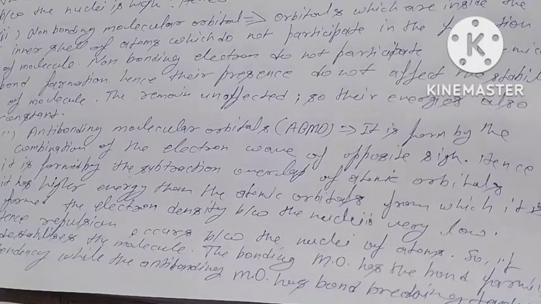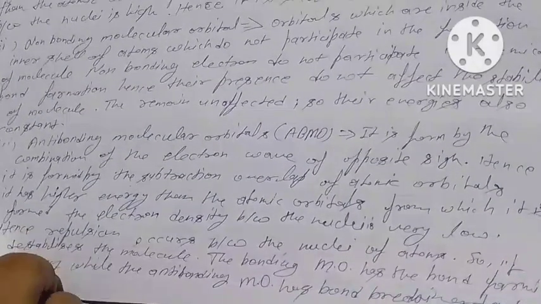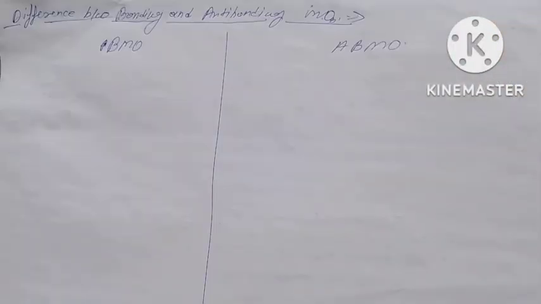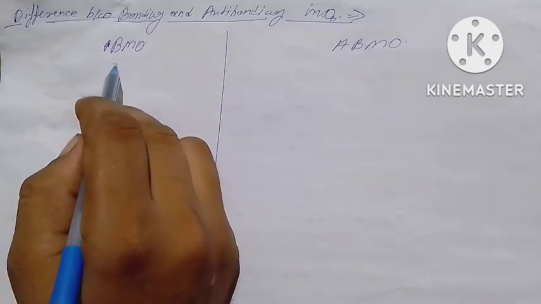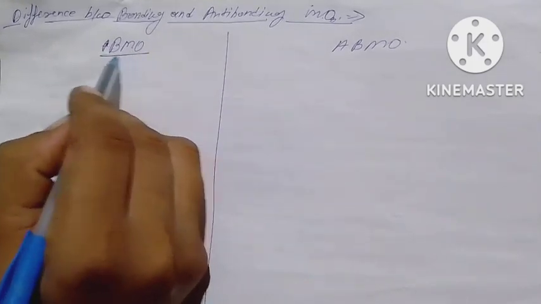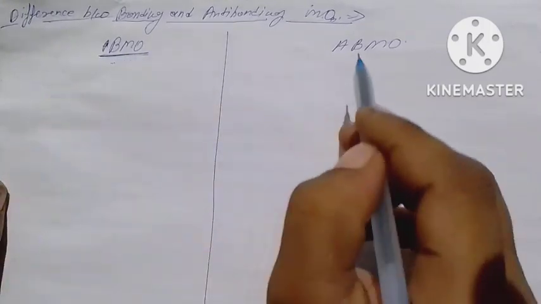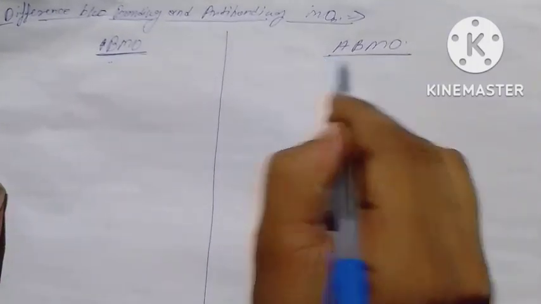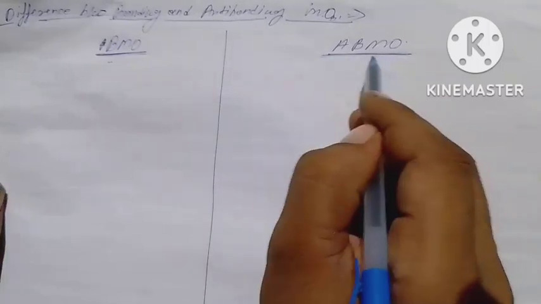Next is the difference between bonding and antibonding molecular orbitals. This is BMO, bonding molecular orbitals, and this is ABMO, antibonding molecular orbitals.